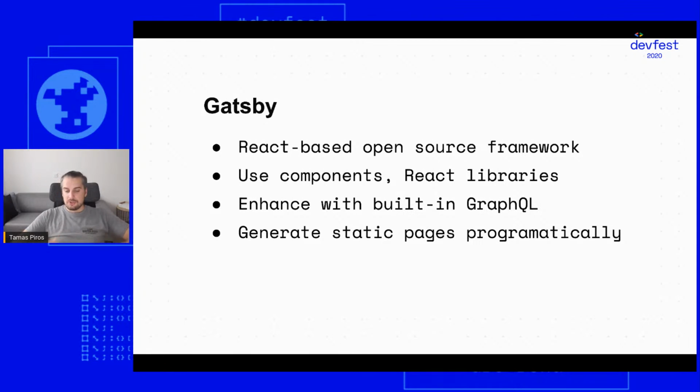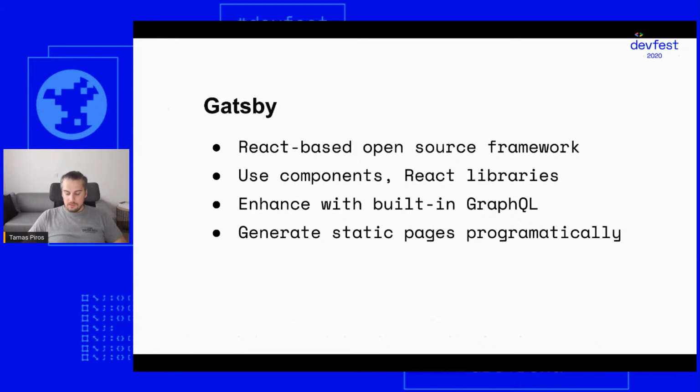You can just create components, create pages, and work in an environment that you're already familiar with. And then static site generators like Gatsby enhance the entire experience for you. For example, Gatsby has built-in GraphQL queries where you can query the files that it uses. It can query additional data sources. So it basically has GraphQL baked into it.